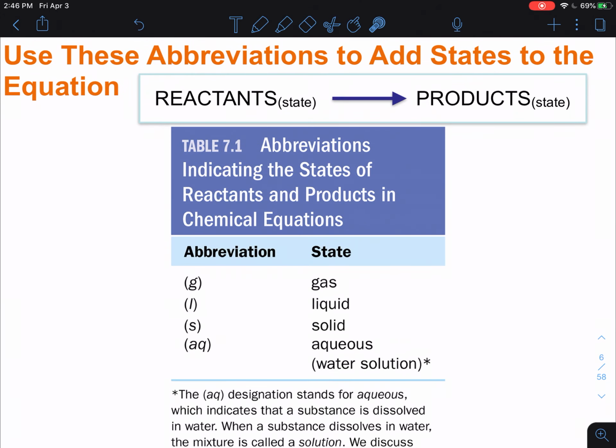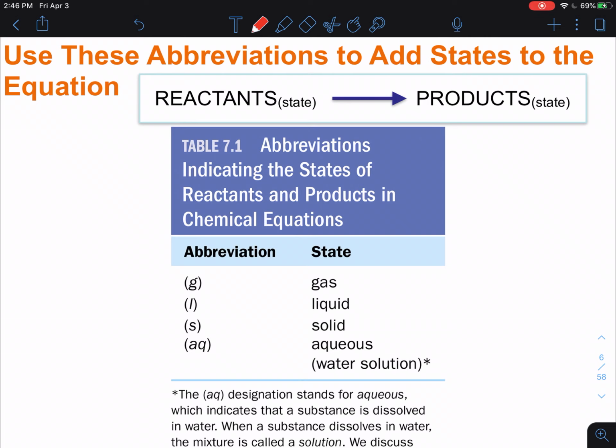So what are the states that you need to be familiar with? Well, it's all the states that we've talked about, solid, liquid, gas, with one more, all right? G is gas, L is liquid, S is solid, and AQ, that's something that we haven't seen before, but that means aqueous. So if you see AQ after something, that means that whatever that reactant or product is, it's soluble in water.